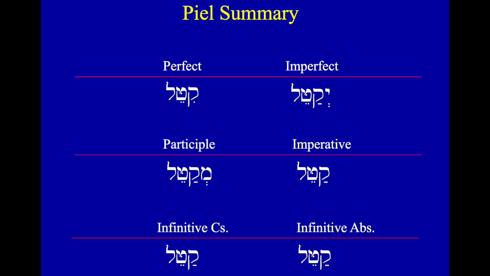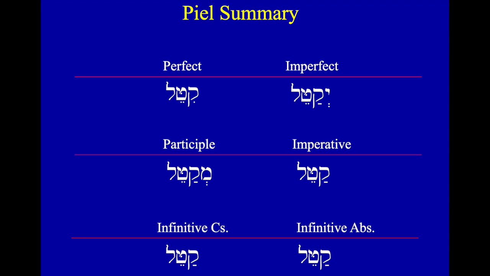The perfect has a hirek underneath the first radical and a double middle radical. The imperfect has a schwa underneath the preformative and a double middle radical. The participle has a mem as a prefix and then a schwa underneath that prefix. The imperative has a double middle radical, katel. Infinitive construct and infinitive absolute are exactly the same form.